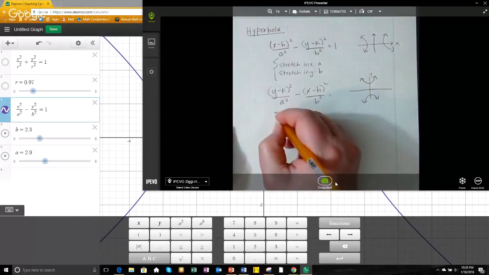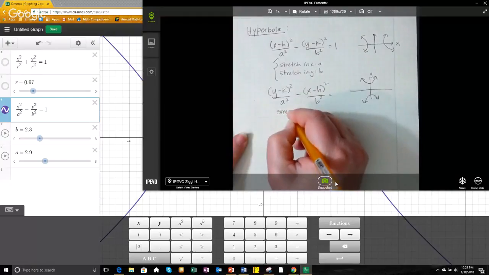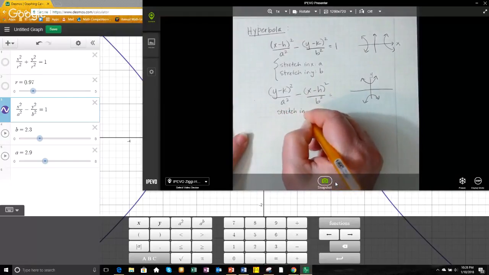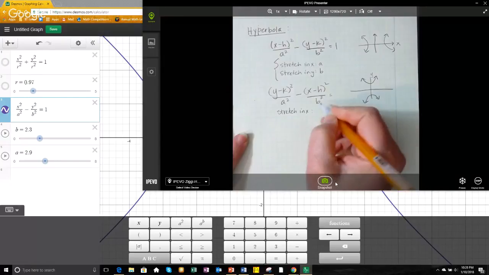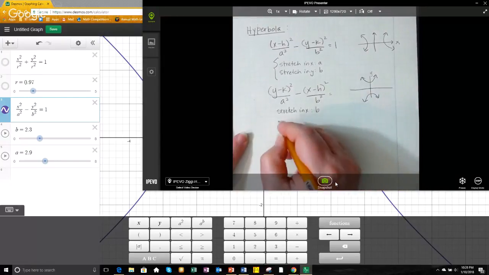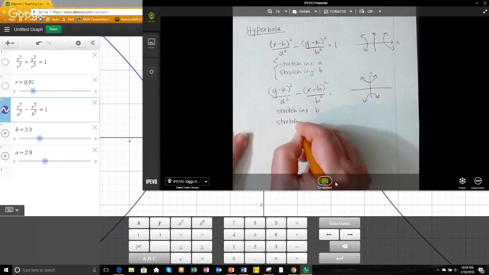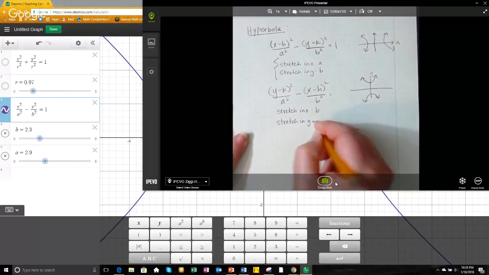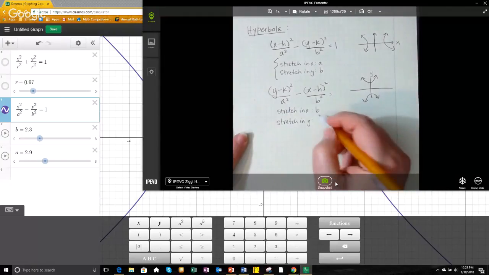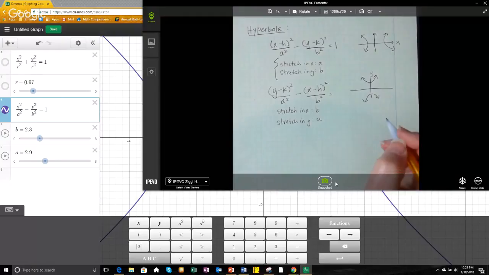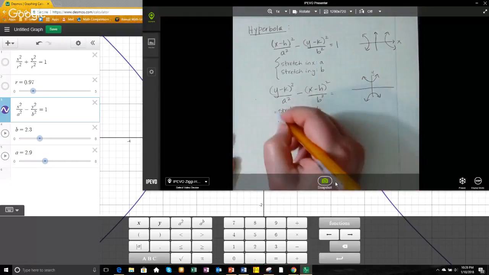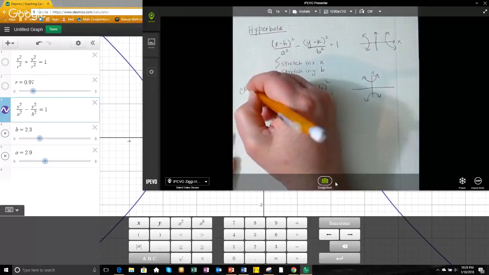All right, and the stretch in the x direction is still what's under the x here, which is b, the square root of b squared. And the stretch in the y direction is going to be the square root of a squared, which is a. And what's interesting is the center is still h, k.